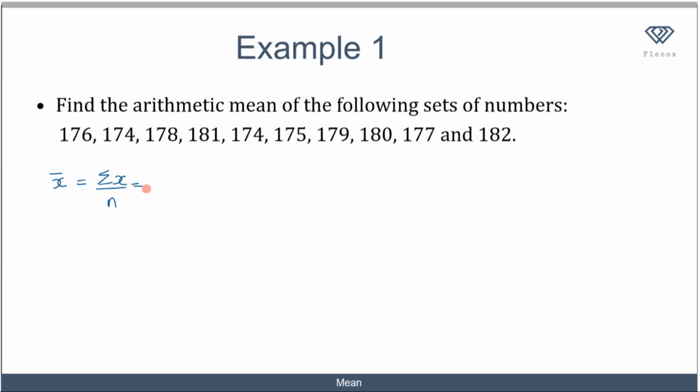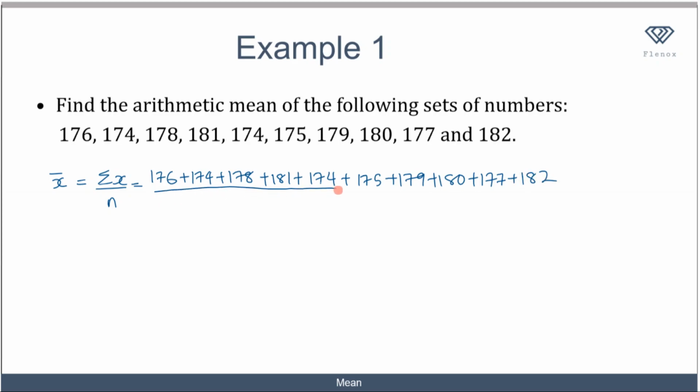The summation of x will be the sum of all those numbers: 176 plus 174 plus 178 plus 181 plus 174 plus 175 plus 179 plus 180 plus 177 plus 182, divided by the total numbers there are.